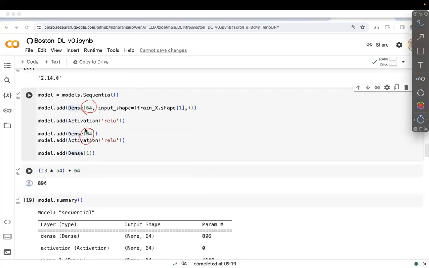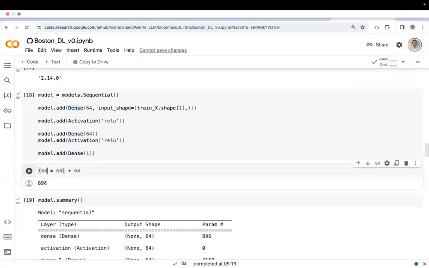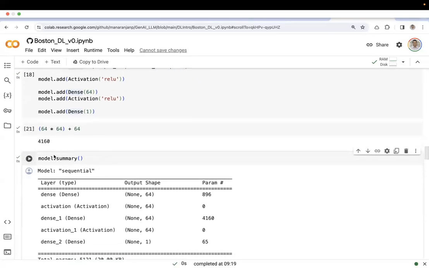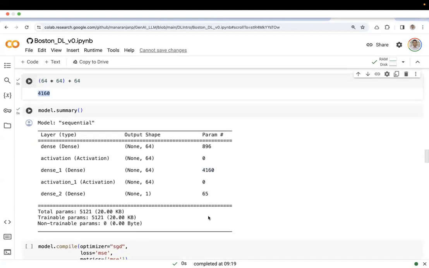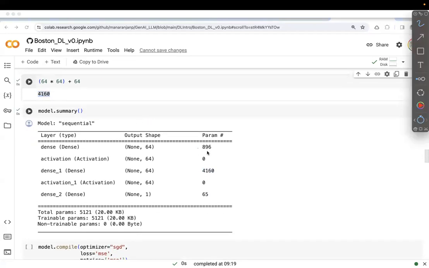The second hidden layer is connected to the previous hidden layer, so it must be 64 multiplied by 64 plus 64 biases. That comes out to 4160. So that number of parameters has to be estimated.